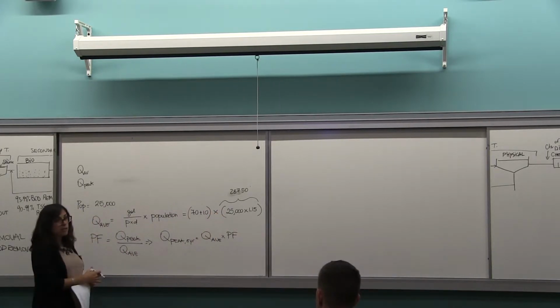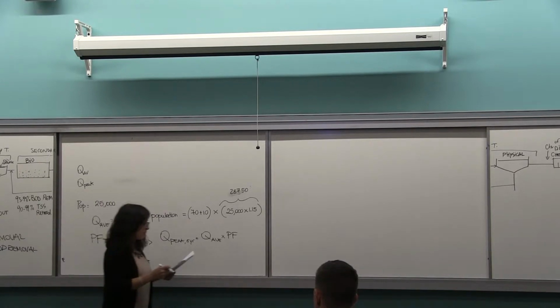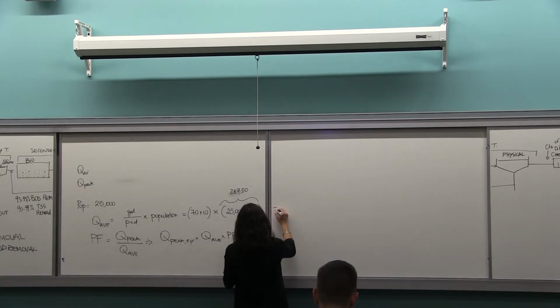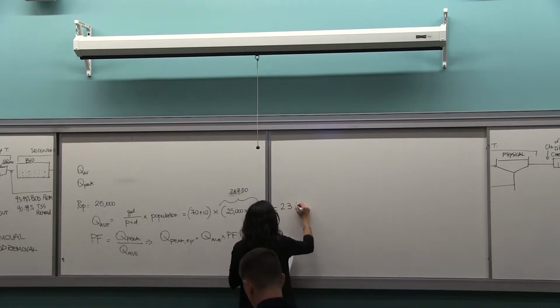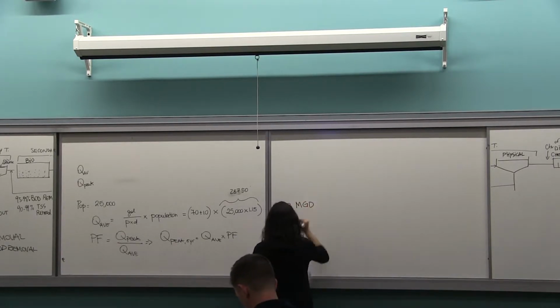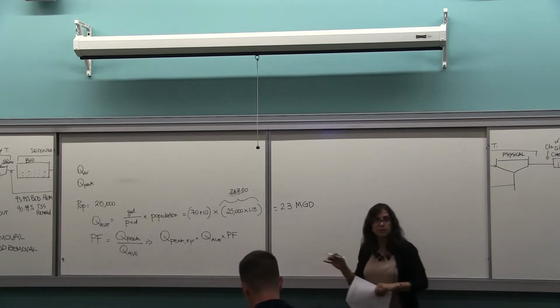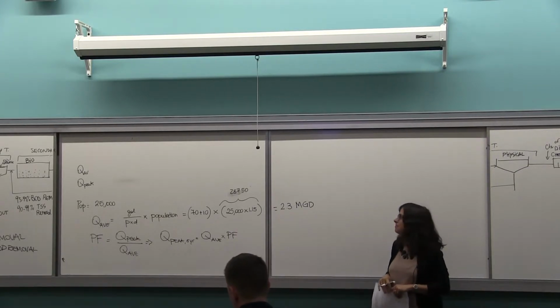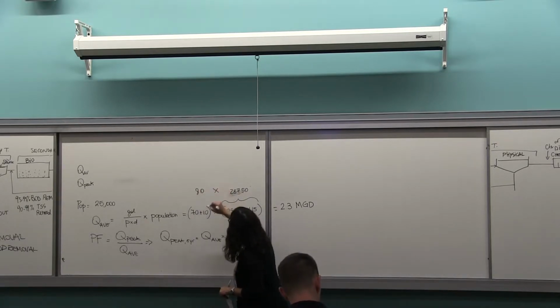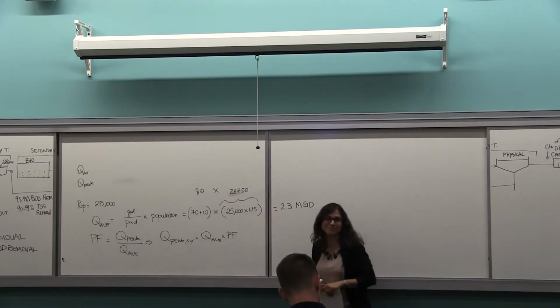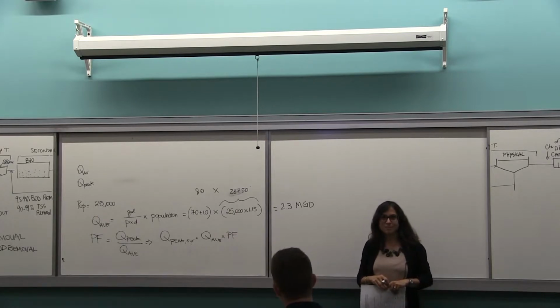Now the peak factor is provided to us. So the average itself gives us 2.3 MGD, where MGD stands for million gallons per day, which is pretty much 80 times this divided by a million, right?